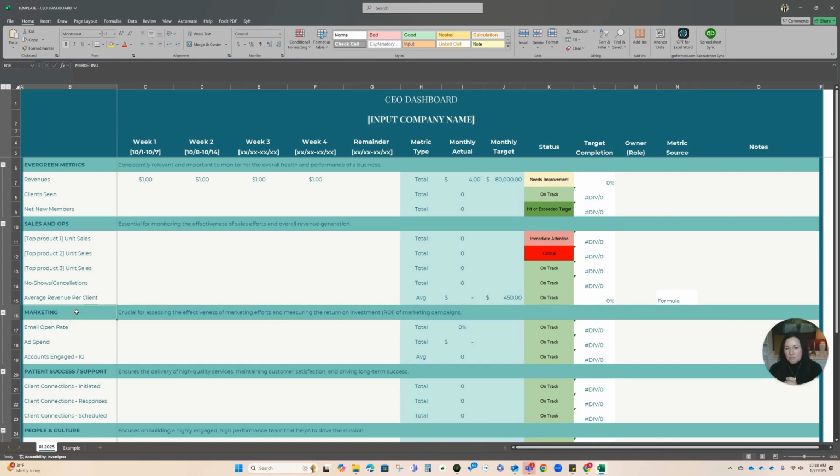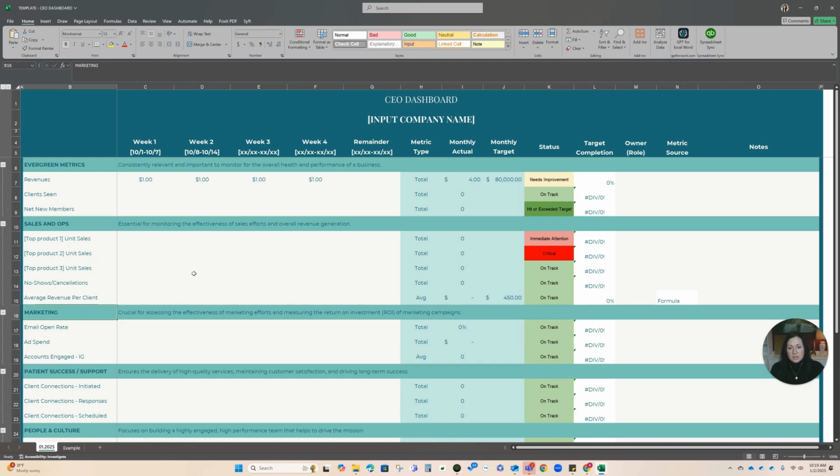So usually you're going to have marketing as a business department, you're going to have sales as a business department, you're going to have operations as a department, you might have human resources if you're measuring something on here related to that. Maybe you've had a lot of turnover and you've got a bigger team and you really want to minimize that amount of turnover. So maybe you have some HR KPIs that you're checking out on here.